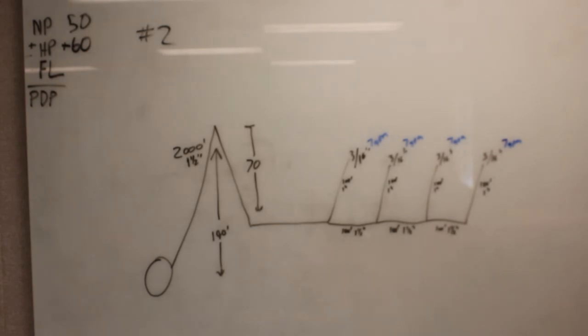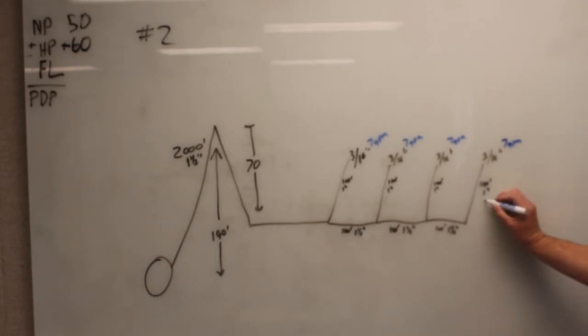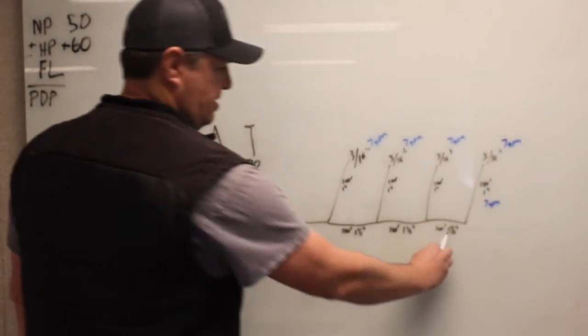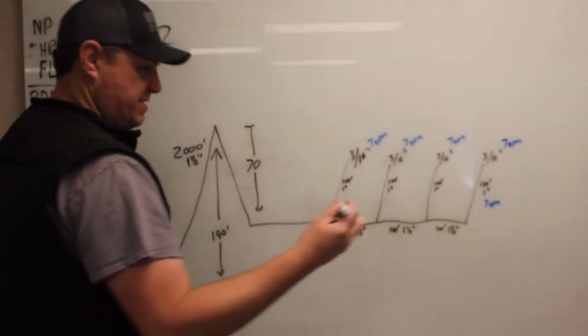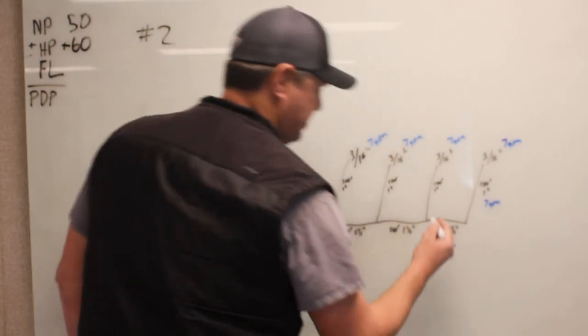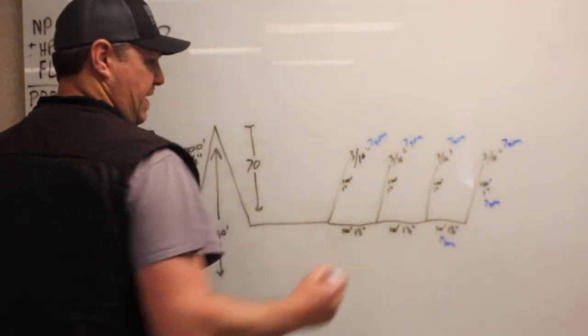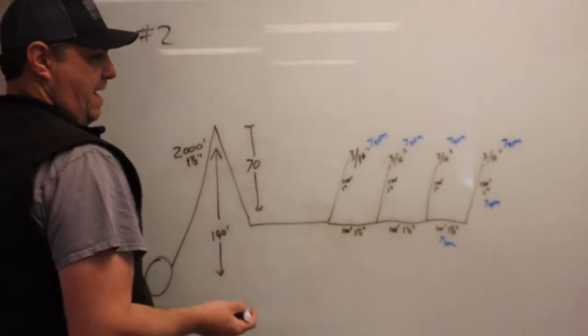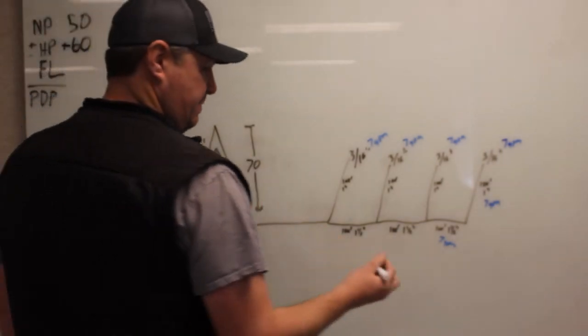Now I start tracing my water back. All right, so I look at my last lat. So I'm out here at the end. I have 1-inch hose, and how much water do I have flowing through that? I have 7 gallons per minute. Okay, and then in this next piece, which is 1.5-inch hose, I also have 7 gallons per minute. That 7 gallons per minute flows through this hose and out that lat.